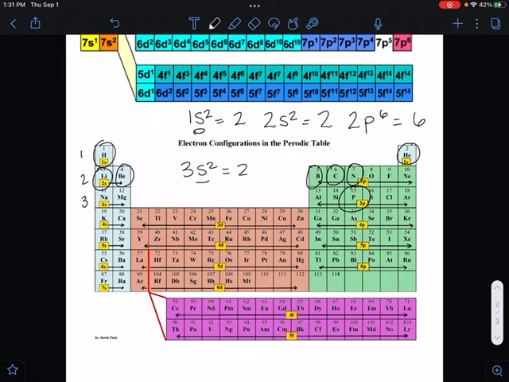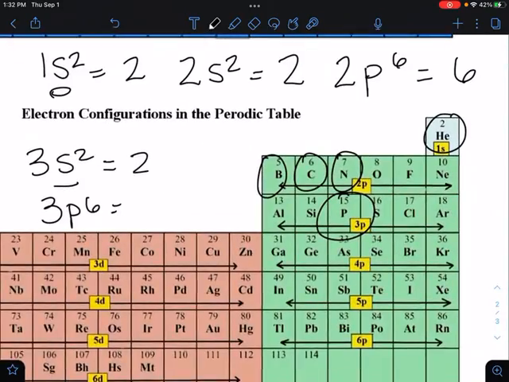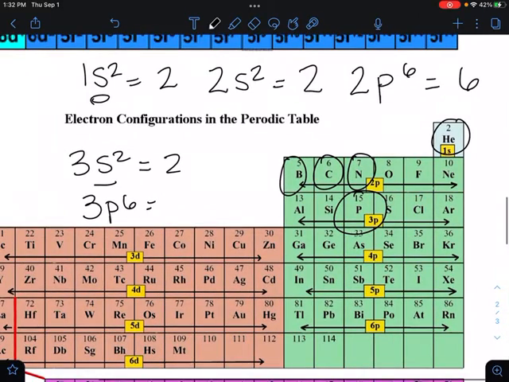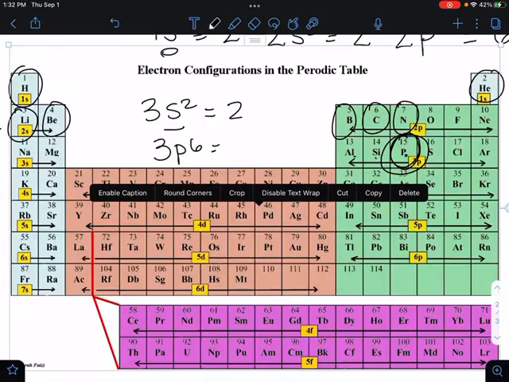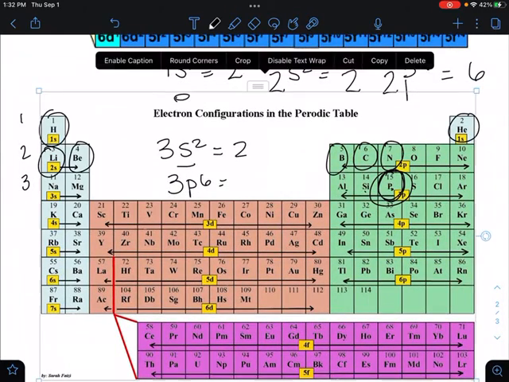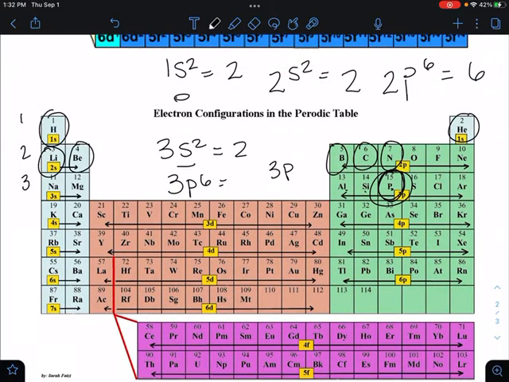Now 3p6, it can hold 6 electrons, but I don't need it to hold that many electrons because I'm right here. I want the electron configuration of phosphorus. So I only need 1, 2, 3. So I would be 3p3.